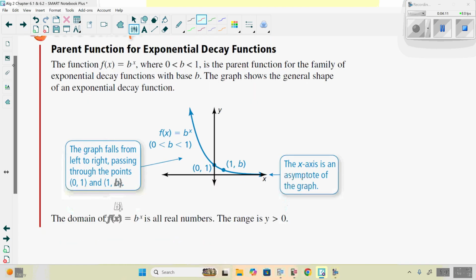Exponential decay. We consider a function to be exponential decay in the form of b to the x if that value of b is between 0 and 1. So if b is between 0 and 1, it's going to be exponential decay. I need to rewrite that.